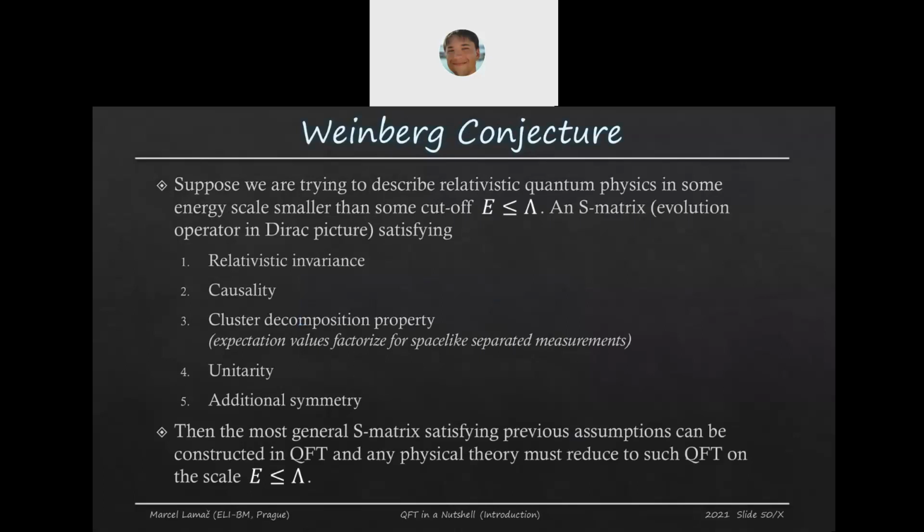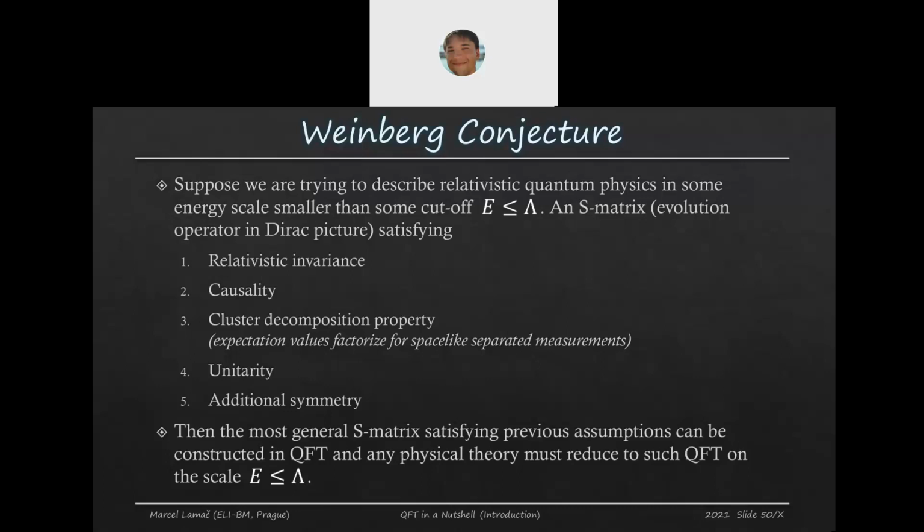Once again, Mr. Steven Weinberg passed this Saturday, so as an honor to him, I will actually explain this conjecture. Suppose that we are trying to describe some relativistic quantum physics at some energy scale that is smaller than some cutoff scale, let's say, 10 to the 300 electron volts or something.